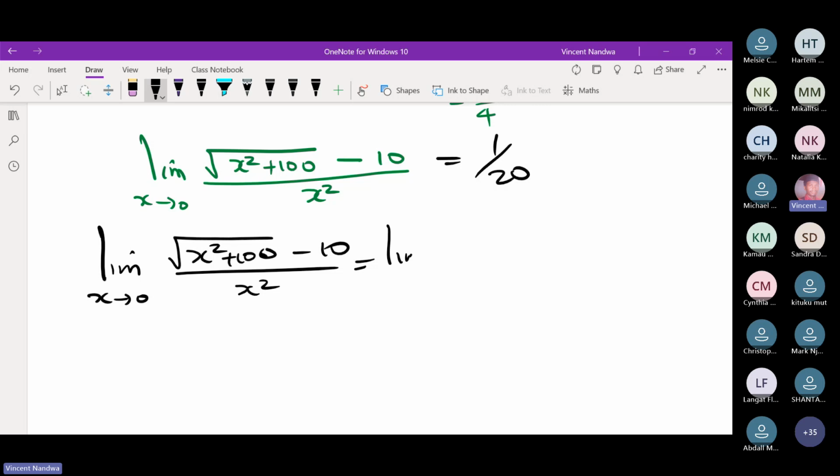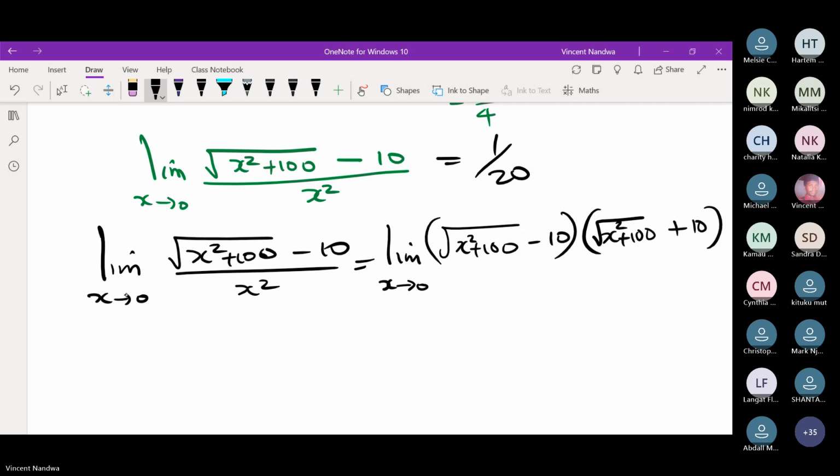The conjugate of this one will be square root of x squared plus 100 plus 10, divided by x squared times square root of x squared plus 100 plus 10.